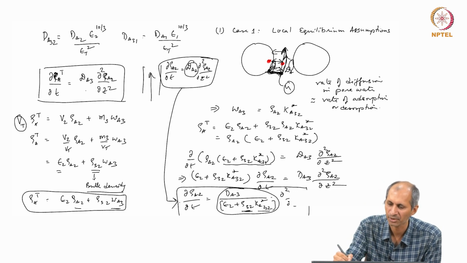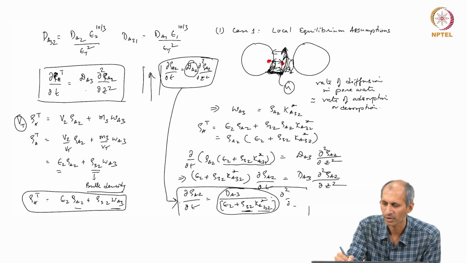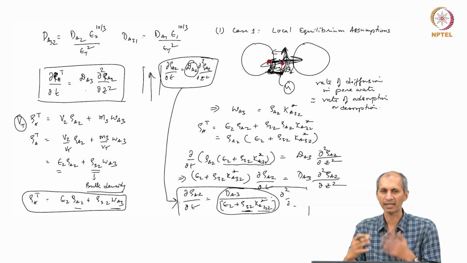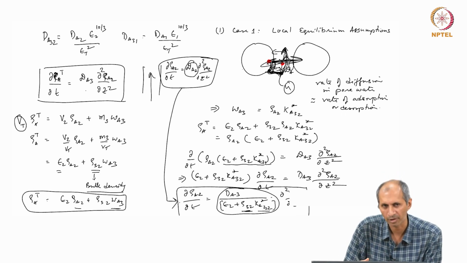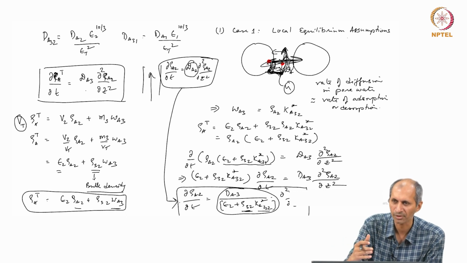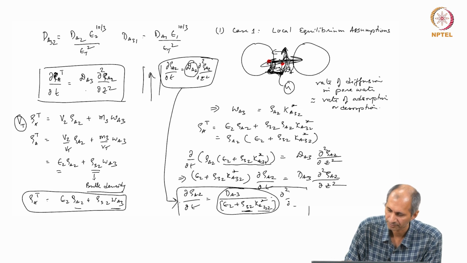So if material is trying to diffuse from here to here, it is not happening fast, it is happening very slowly, because it has to now interact with the solid. So this is retardation. The solid acts as a barrier because it is adsorbing and desorbing. Material is coming away from here, but it is not allowing material to diffuse straight through, it is intercepting it. So this term in the denominator is known as a retardation factor.